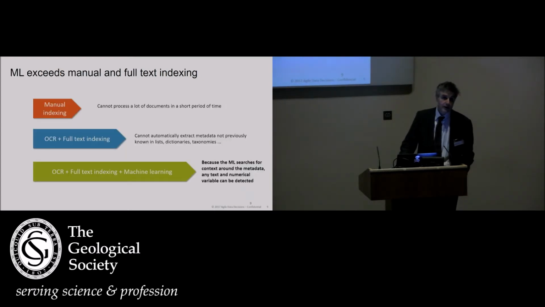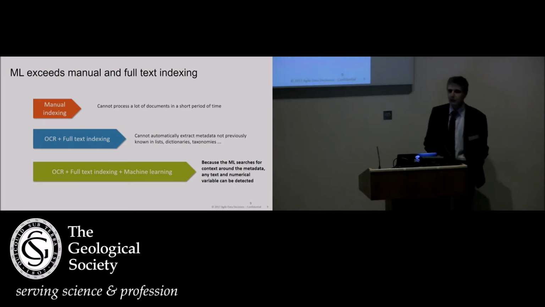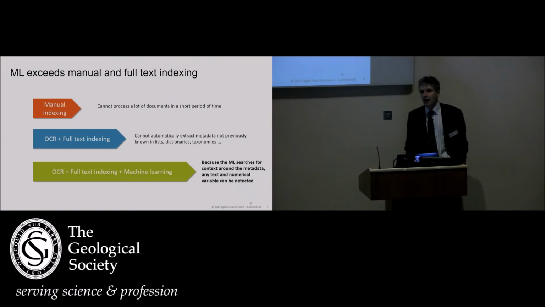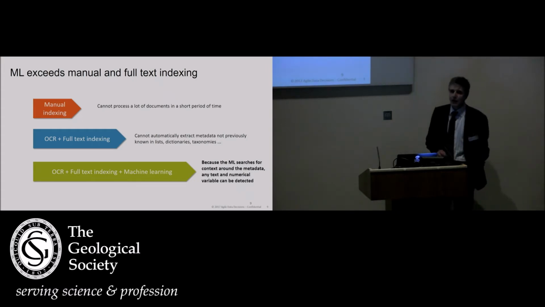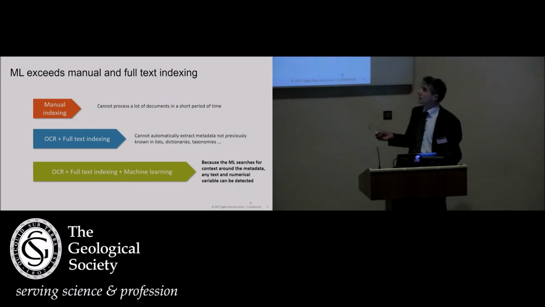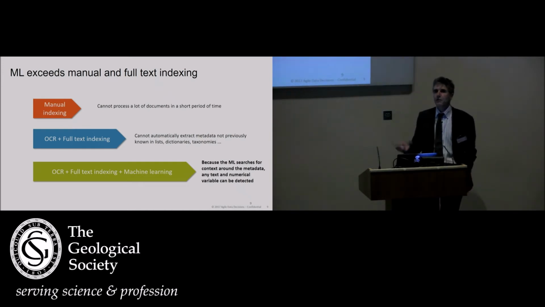To be honest, we are not the first to do that. I said at the beginning that data extraction is mainly a problem of human resources, not really. In the past, thanks to OCR and full text indexing, we started extracting some information automatically.